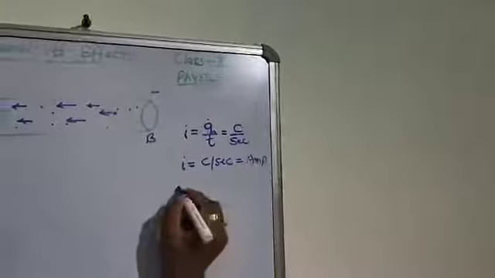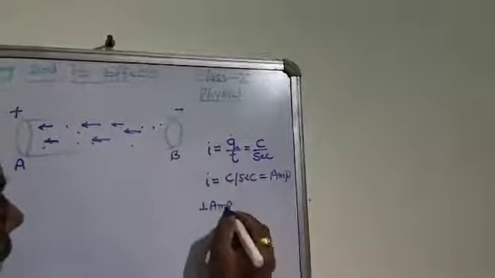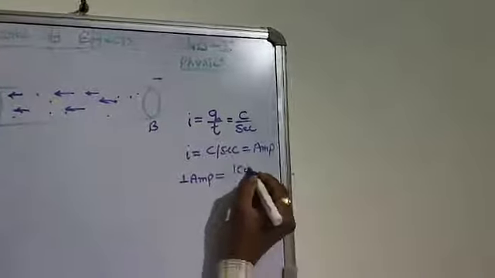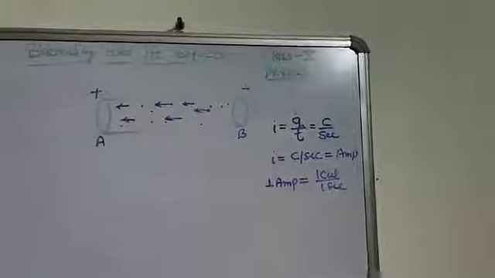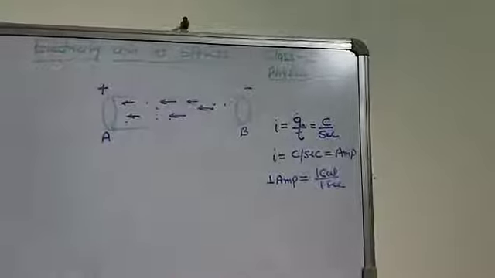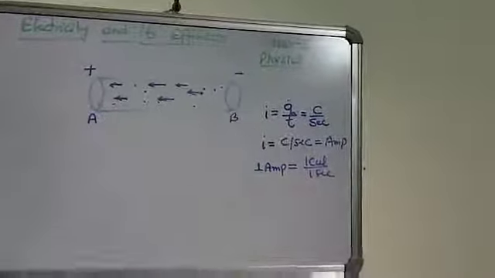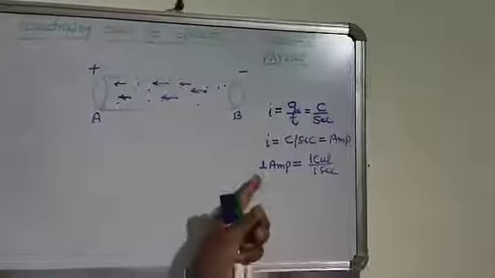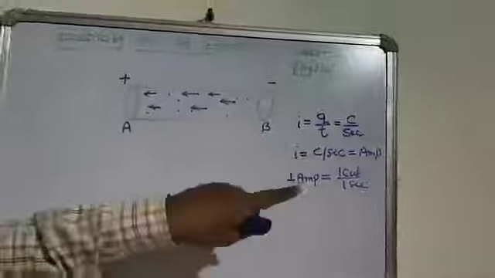So we can define 1 ampere is equal to 1 coulomb upon 1 second. So passing of 1 coulomb charge in 1 second is called electric current, and the value of electric current is 1 ampere. That means, what is the definition of 1 ampere?